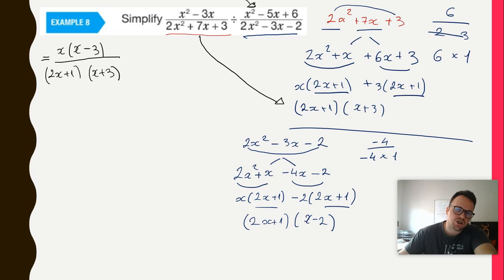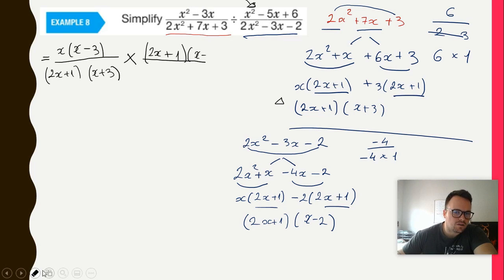And then remember, keep, change, flip. We keep the first fraction, we change that division to multiplication, and we flip the second fraction. So that's going to be 2x plus 1 times x minus 2. And let me just erase that because it's in the way.